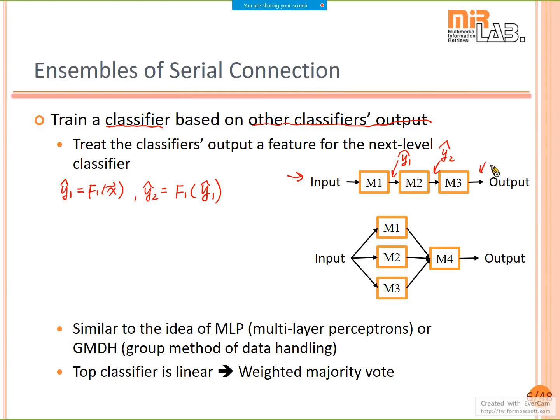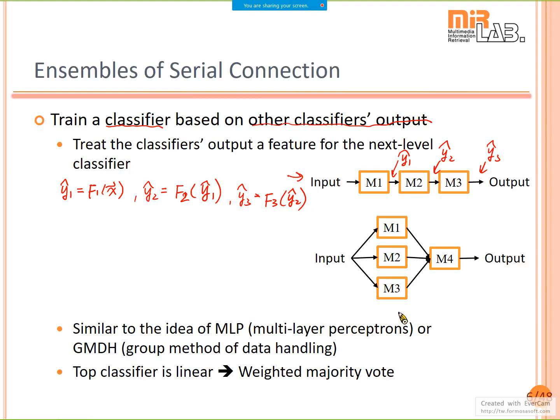And similarly, we have a y3 hat here. So y3 hat is equal to f3 of y2 hat. So this is a simple serial connection. On the other hand, we can have a mixed mode.